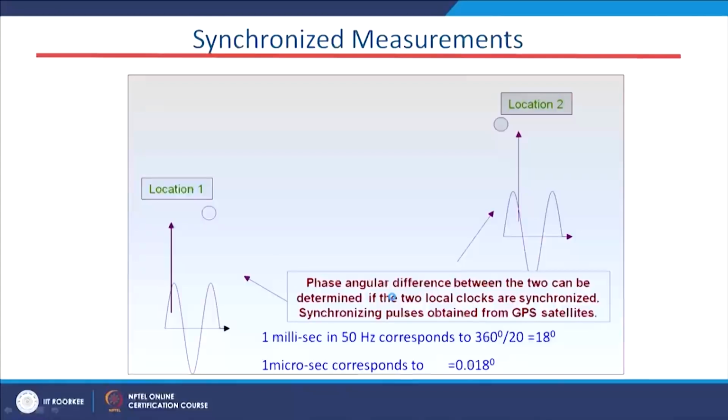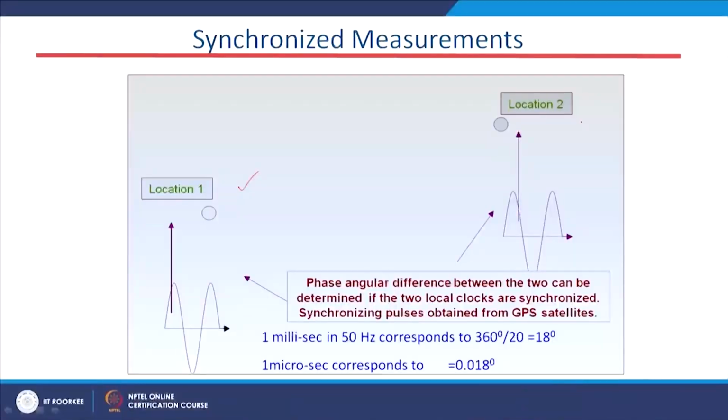Now, I will just come quickly again to this PMU part, how it measures the synchronized data, the synchronized phasor voltages and currents. Now, this is one location in the network, this is location 2, and these 2 locations are apart from each other, but still at the control center the voltage V1 phasor from this location, and V2 the voltage phasor from location 2, will be in the same time stamp.